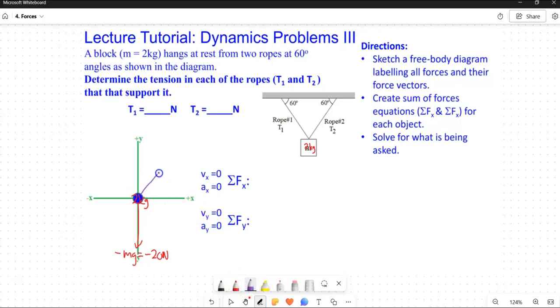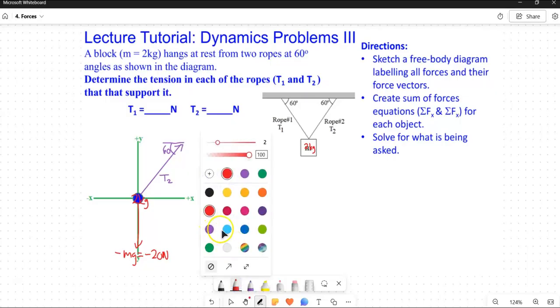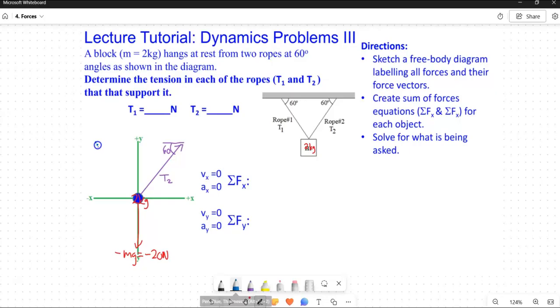I'm going to call this T2, and it makes an angle with the ceiling that is 60 degrees, and over here I'm going to make another one in blue.